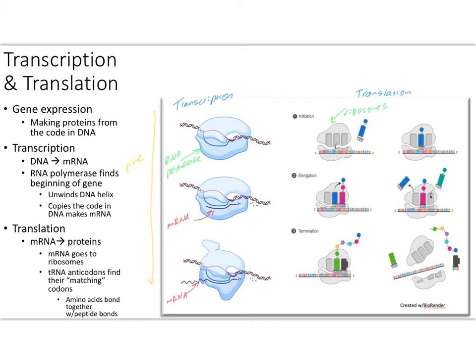When we have tRNAs who have found the right match between their anticodon and the codon on mRNA, and they're just sitting together like this in the ribosome, then the amino acids that are attached to those tRNAs will bond to each other through what are called peptide bonds.